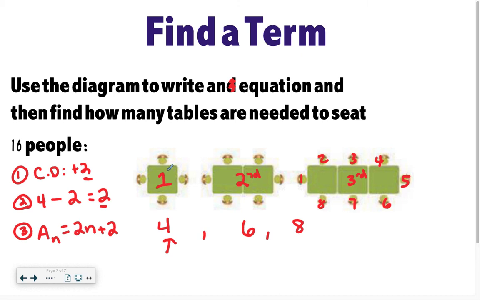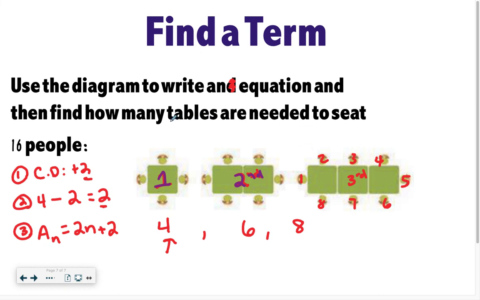And then I want to find out how many tables are needed to seat 16 people. So how many tables denotes or tells us the term number, right? So our first term has 1 table, our second term has 2 tables, our third term has 3 tables.